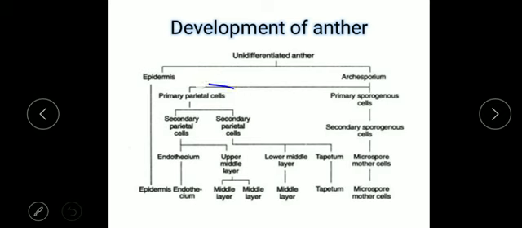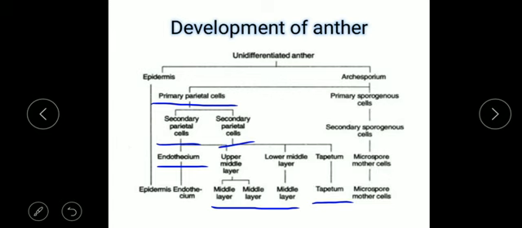So what happens with the primary parietal cell? Remember, this primary parietal cell will form many layers of the anther wall just below the epidermis. The primary parietal cell will again undergo division to form the endothecium, then the middle layers, which will be two or more, and the innermost layer will be the tapetum.